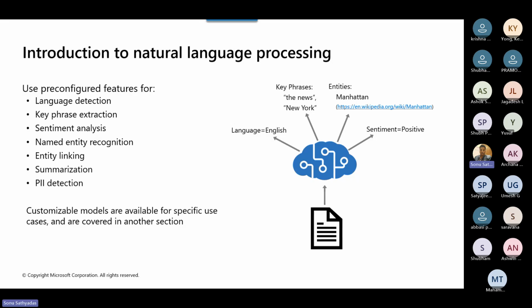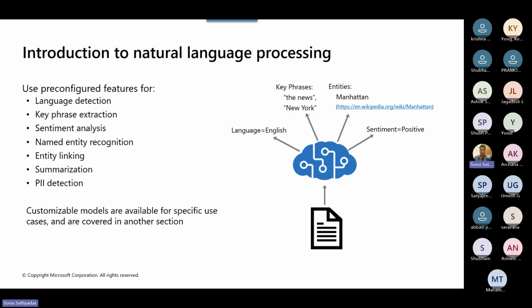Summarization means if you have a very lengthy text and want to summarize it in just a few sentences, we can use the summarization feature. Summarization is available as extractive summary and abstractive summary, so two types of summarization are possible.